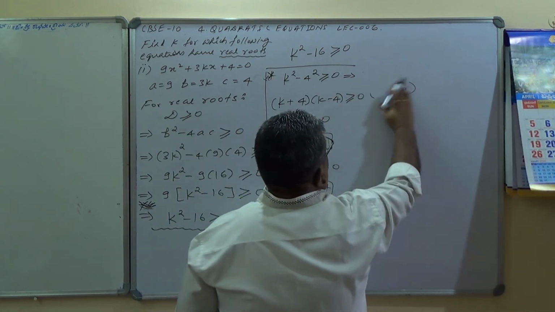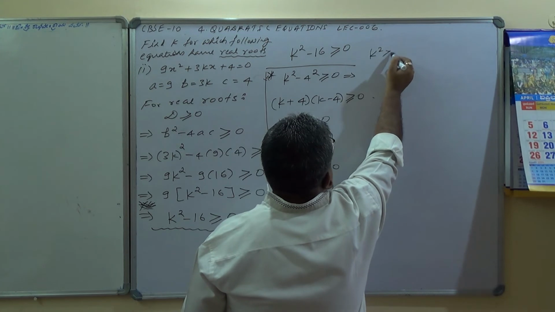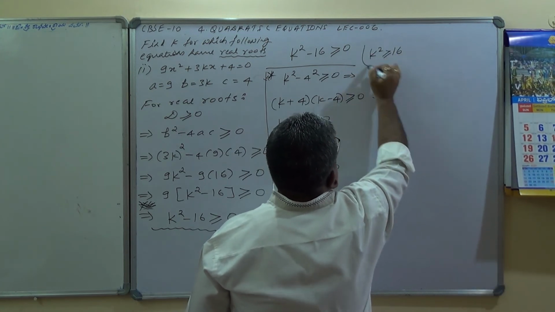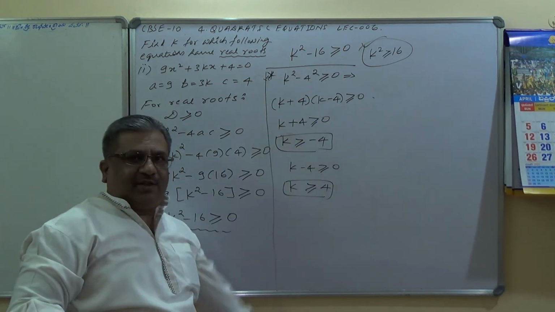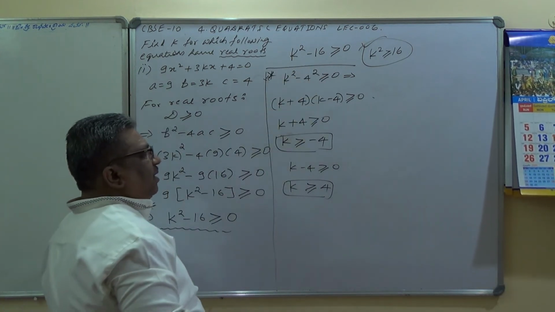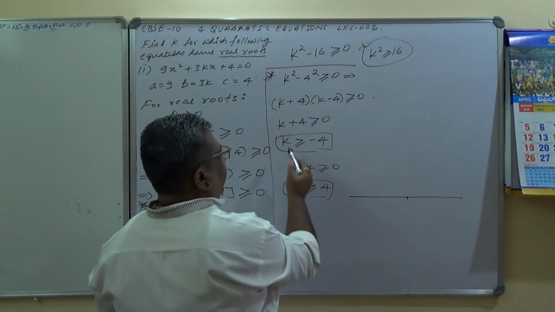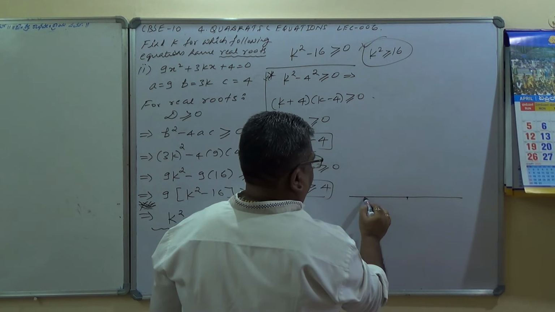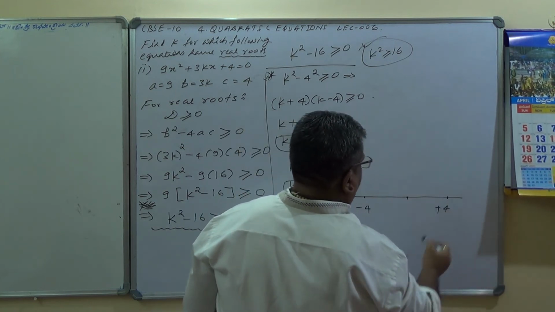Or can I write like this? From here, k square should be greater than 16. Correct or not? It is correct now. If I transpose that side, it should be greater than 16. That is what it is. Now let me take a real number line, 0 here. K should be greater than or equal to minus 4, and here plus 4.